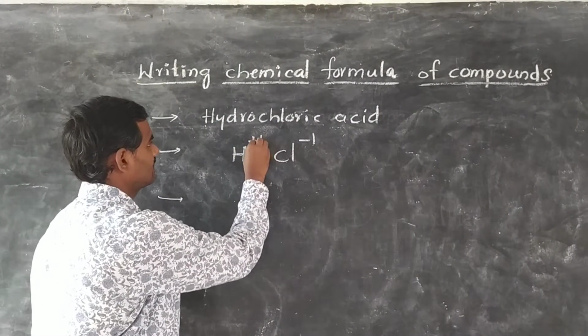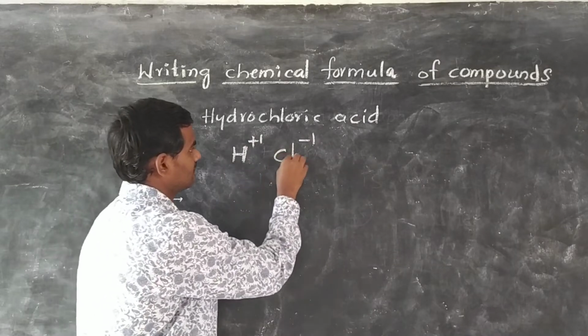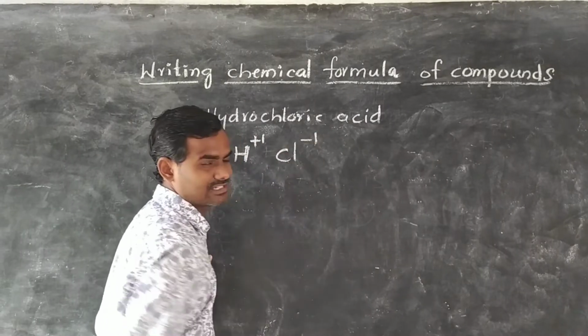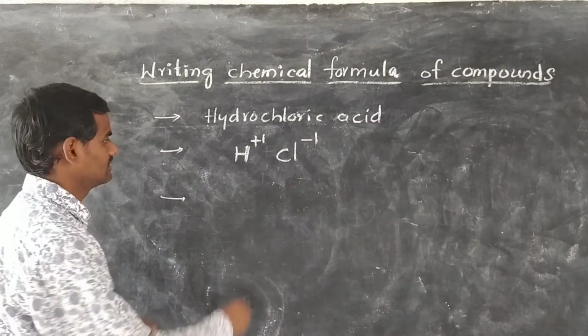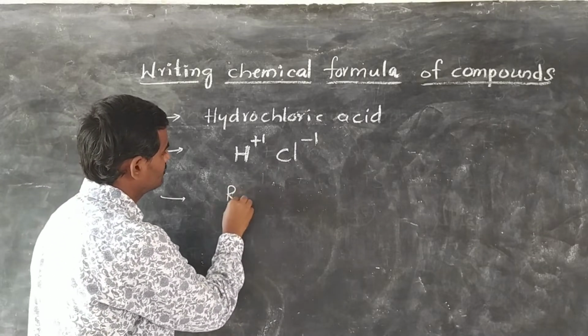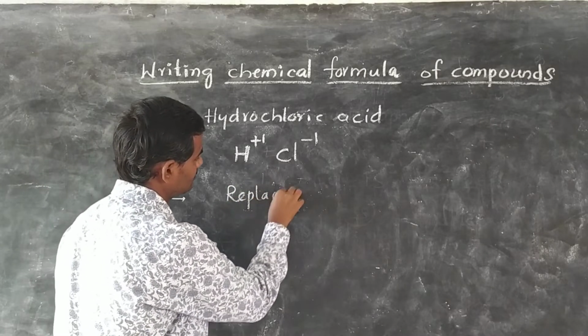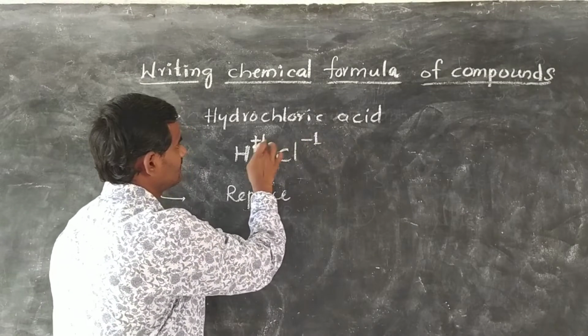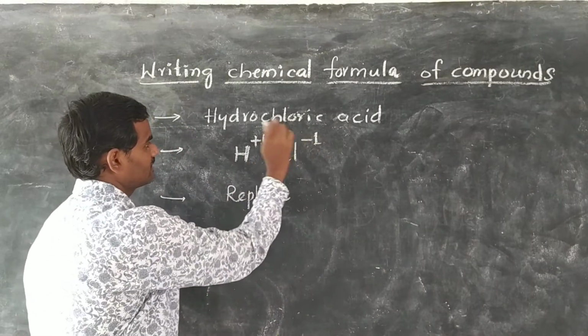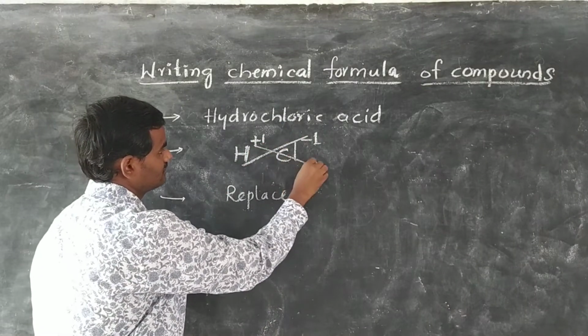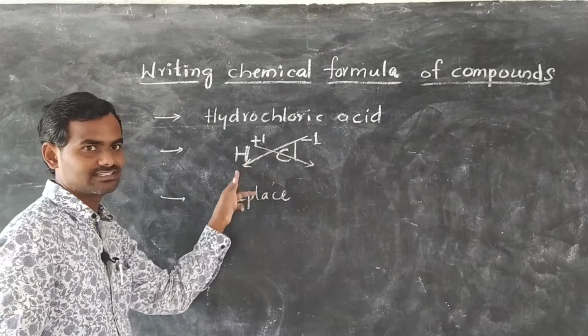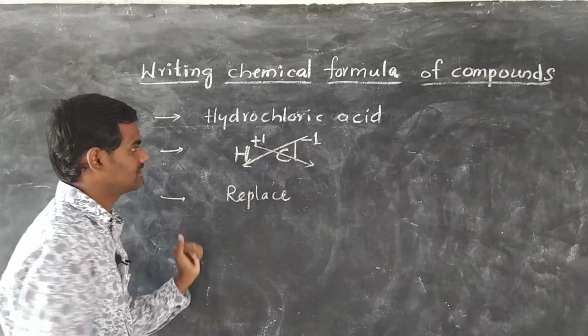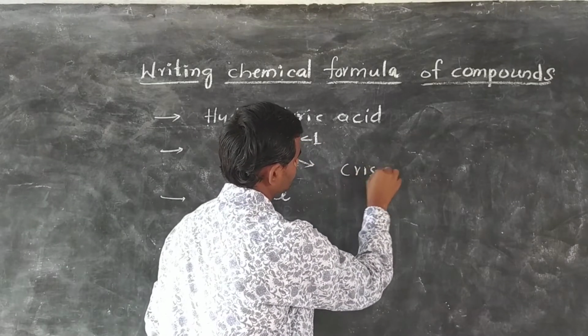Next, we have to replace these numbers like this. This method of replacing the valencies is called the crisscross method.